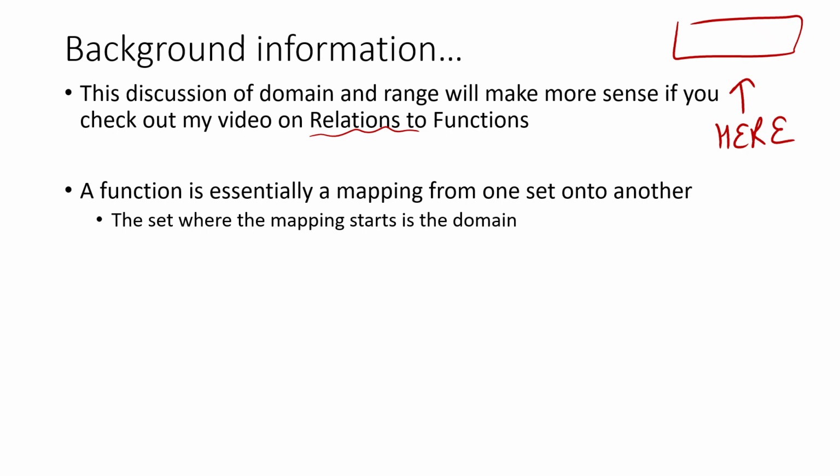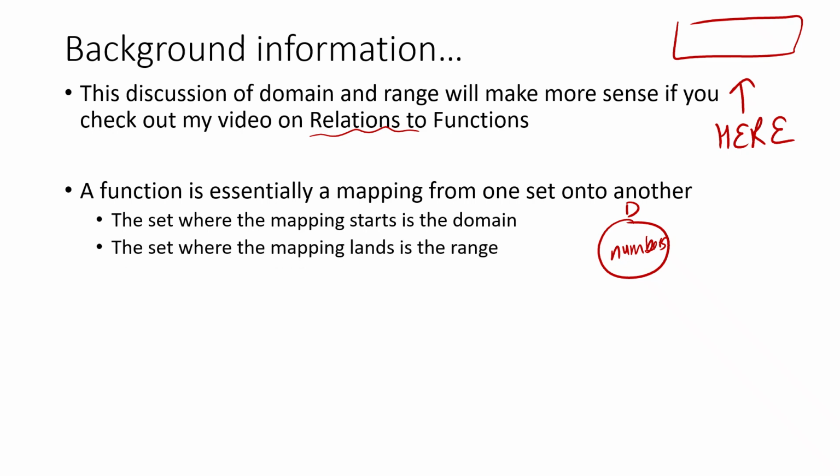Now, the set where the mapping starts is the domain. So essentially, you've got a set of numbers, and we call that the domain, and there's a bunch of numbers in that set. And the set where the mapping lands is the range. So we have this other set of numbers, and we call that set the range.